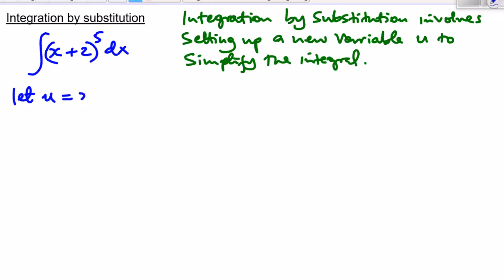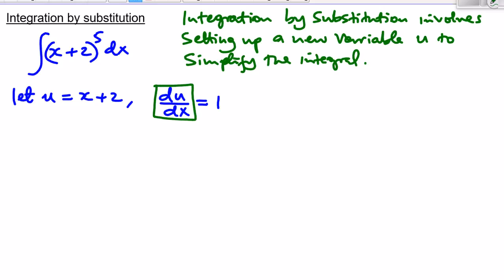be equal to x + 2. Now we need to differentiate this. I'll explain why. So du over dx will be 1. Now I want you to think of this as a division.